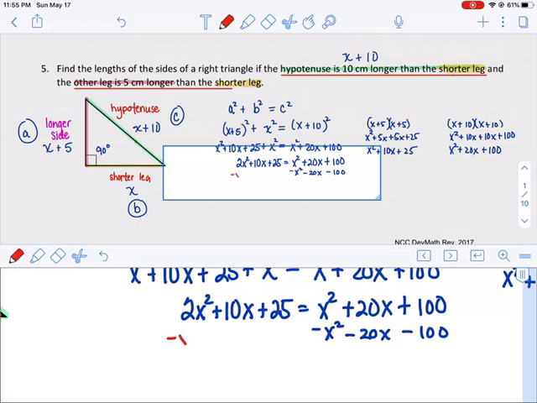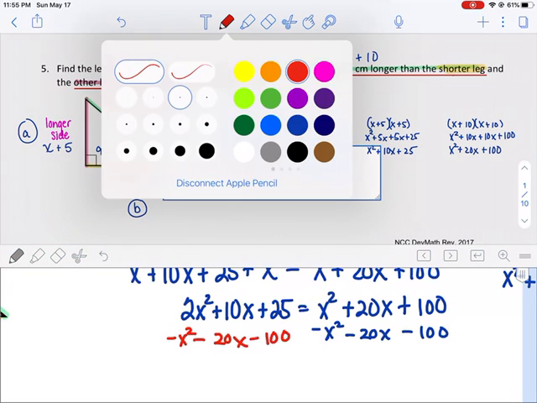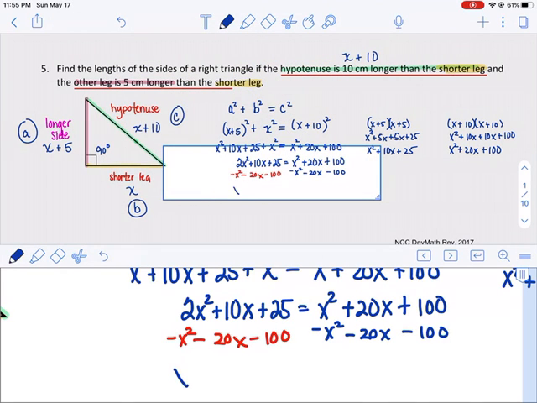So then we have x squared minus 20x and then minus 100. So that on the left-hand side, I'm going to have x squared minus 10x minus 75 equals 0.